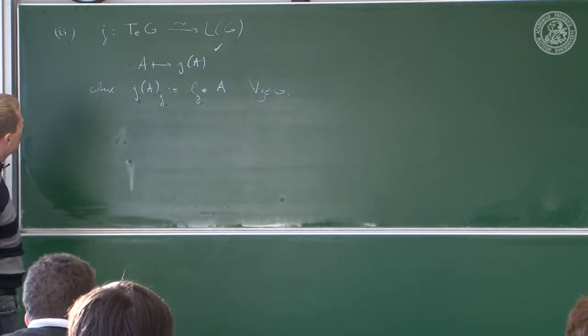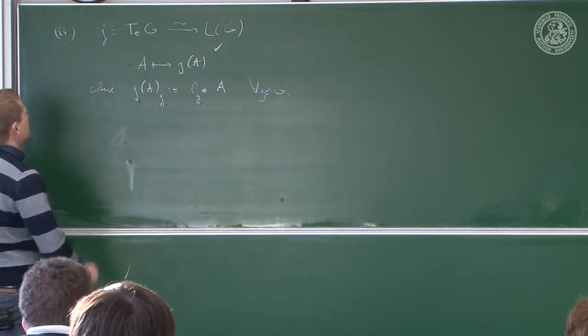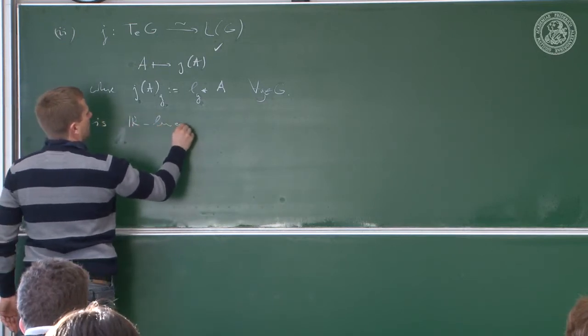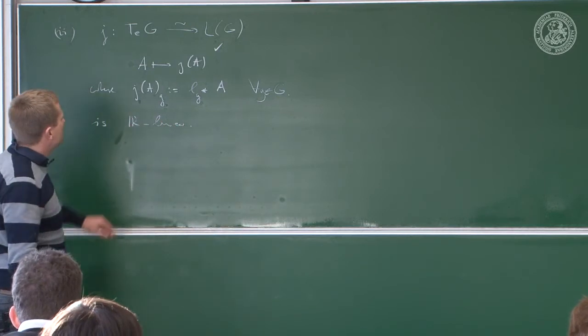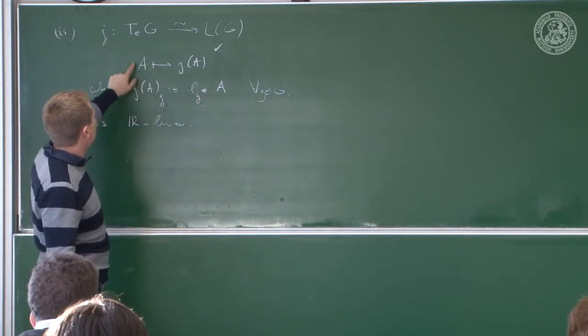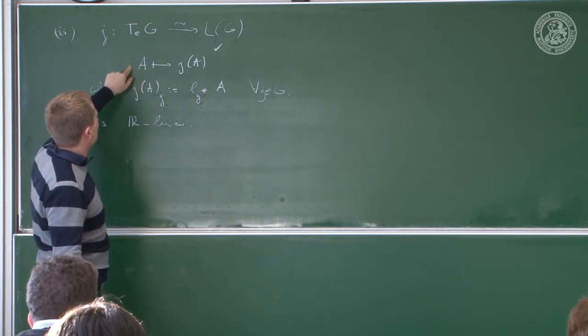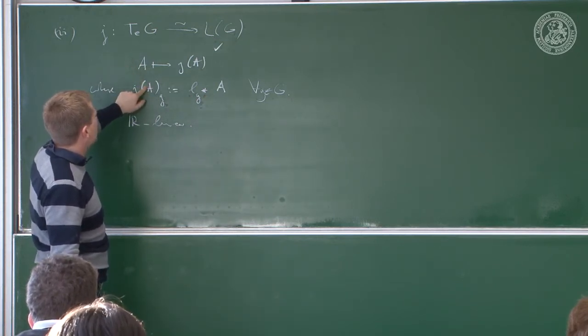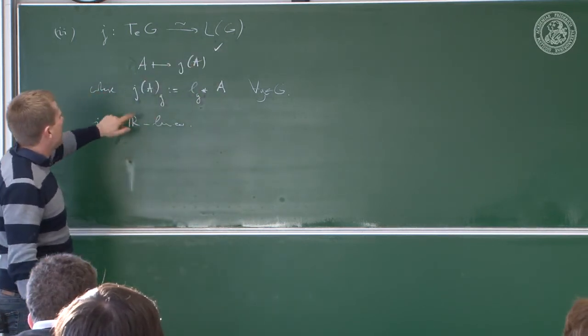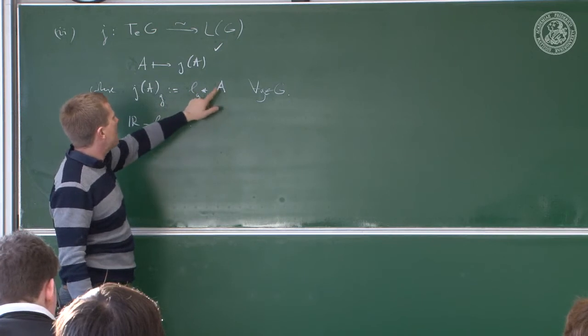Now point 2, we want to verify that this is linear. Is it R-linear? Well, that is obvious because you see L_G star is R-linear. So if I multiply this by some number here, then the number will jump right in front. And because this is linear, it's also additive, of course.